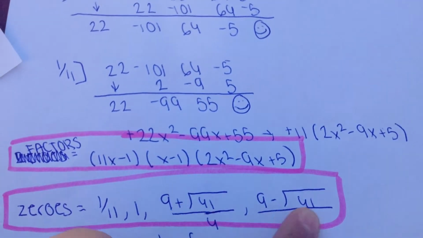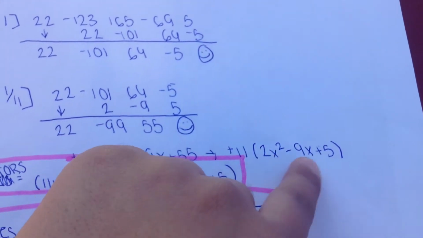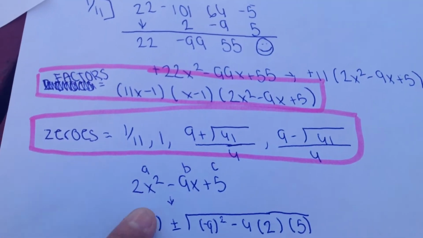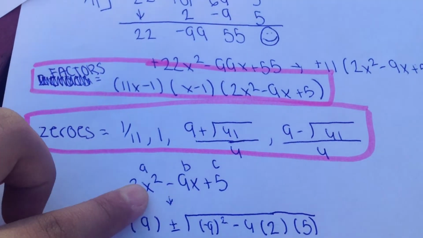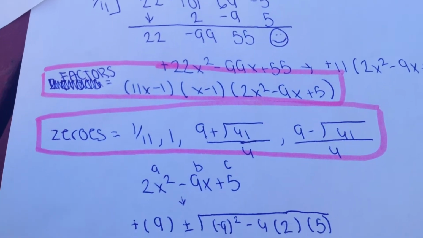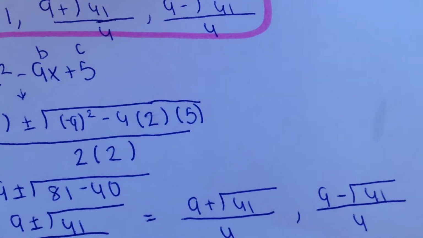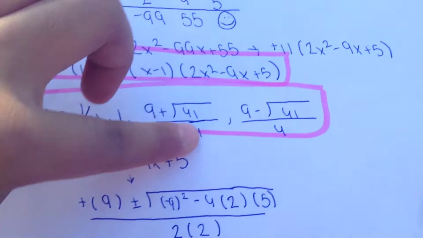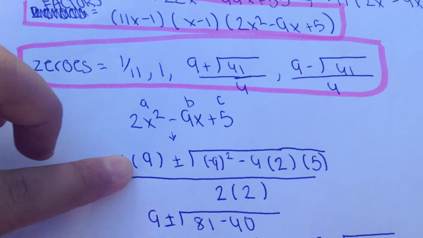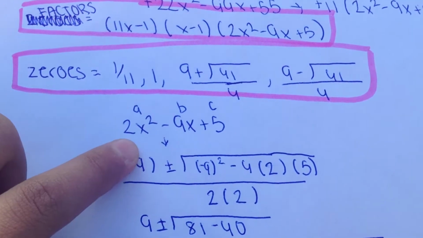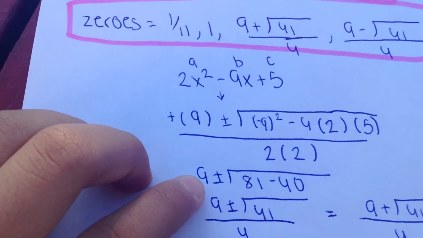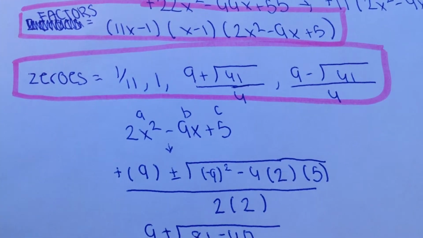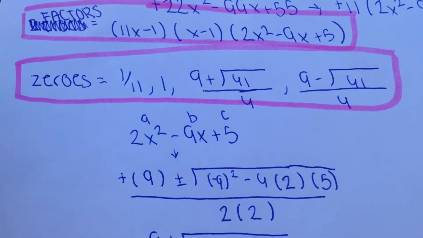To find our other two, we factor this further by using the quadratic formula. So we used a, b, and c from this factor right here. We brought it down here and plugged in my numbers. I ended up getting 9 plus or minus the square root of 81 minus 40, so that ends up being 41.